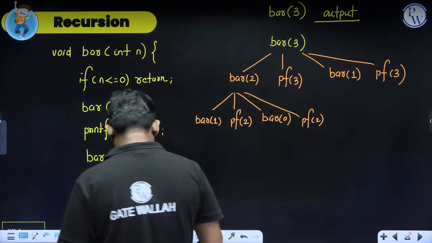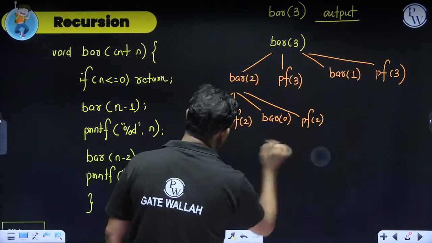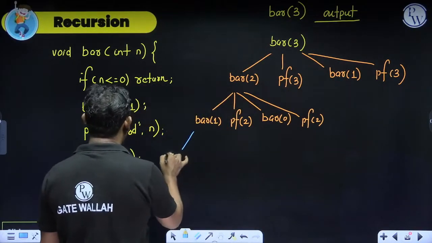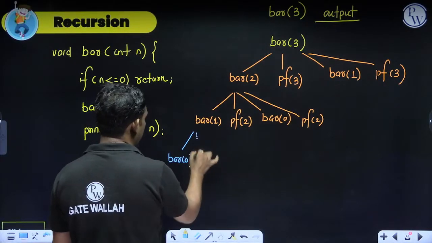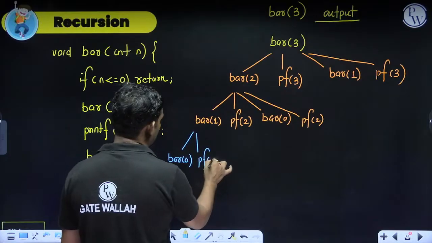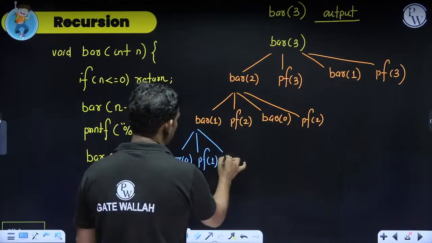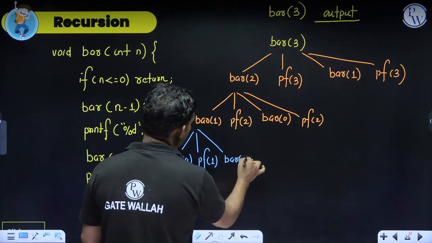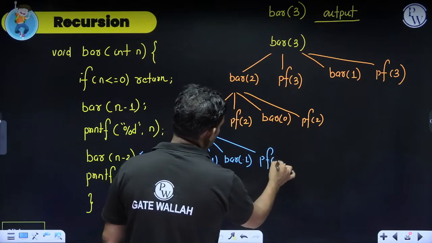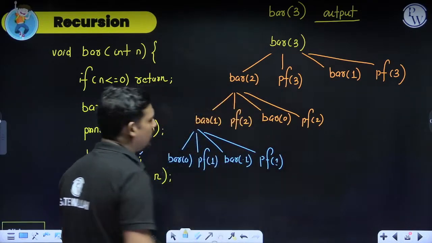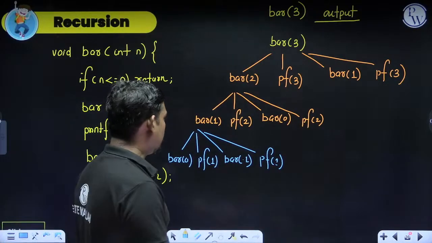Do not think that I will always be correct. Now when it is bar 0, and it comes to printf, there will be n minus 2, so there will be bar minus 1 this time, and it will printf 1. This is the expansion of bar 2, printf 1.